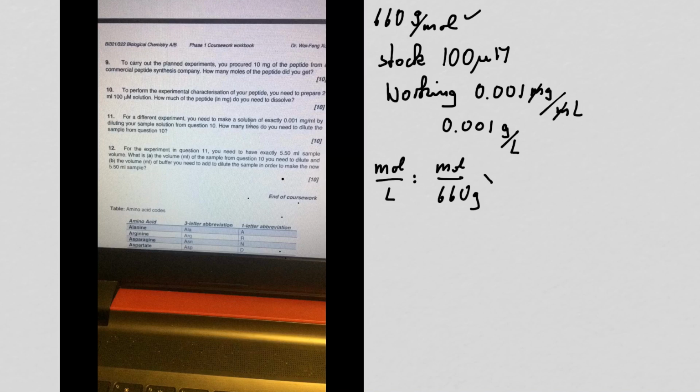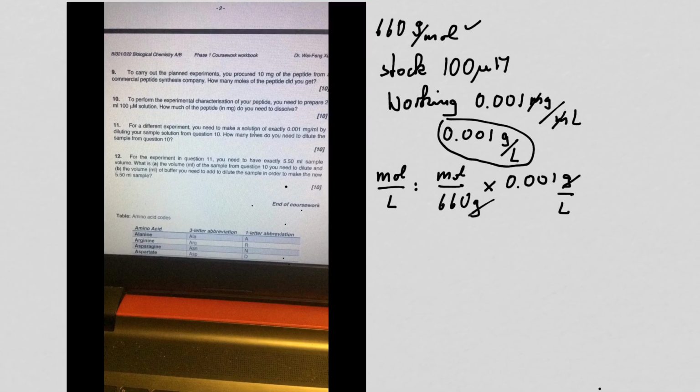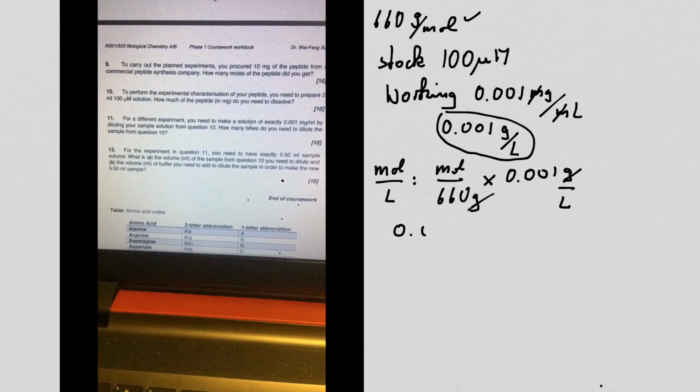So we just simply multiply that by the grams that we have here in our solution, so times 0.001 gram per liter. And what we see, the gram cancel out, and we've got mole per liter. So we can beautify that a little bit, and our solution would be 0.001 over 660 mole per liter.